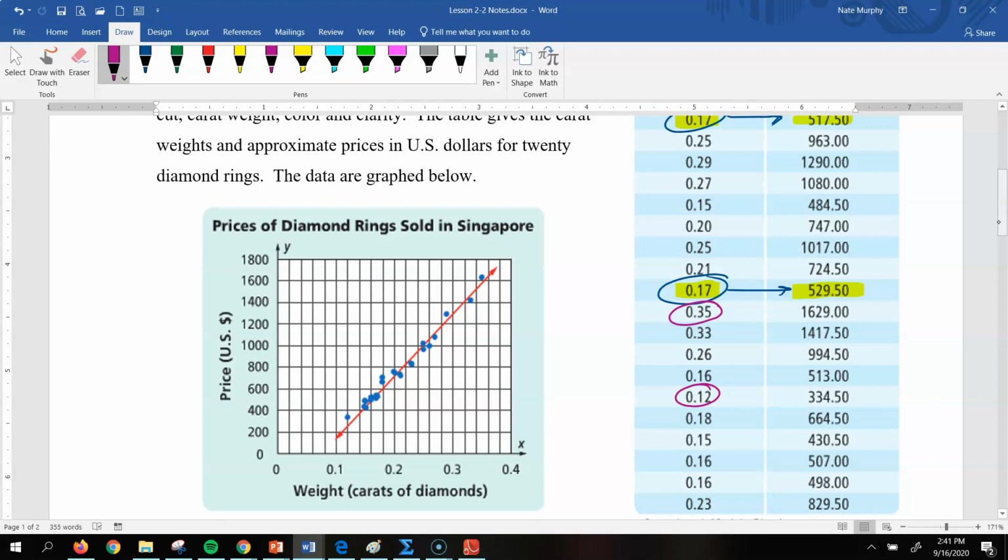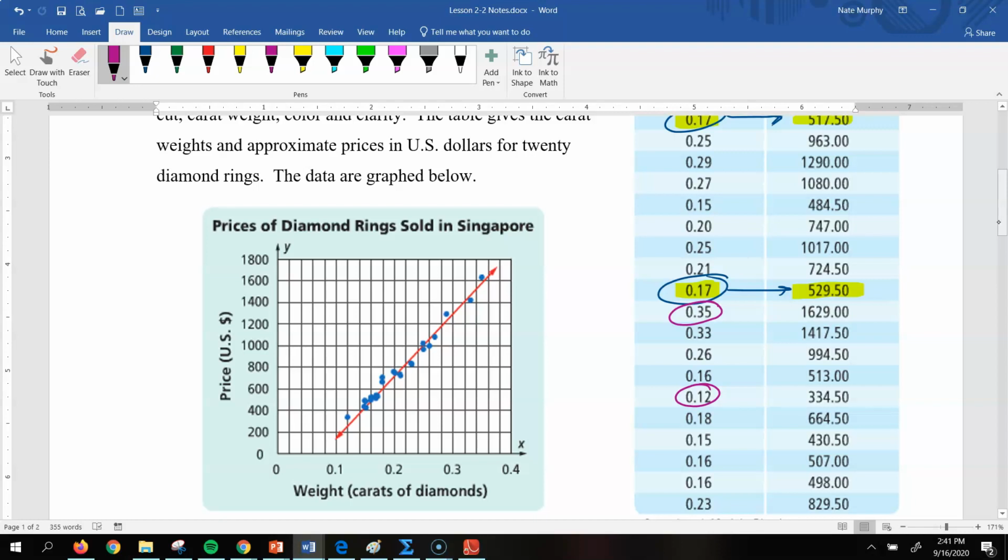So if I use a number that's not on this table, like 0.22, I don't see a 0.22 off the top of my head, I don't see it in the list. But if I use 0.22 as my input, even though it's not in the table, it's between 0.12 and 0.35. So 0.22, if we use that as our carat weight, that's an example of interpolation.